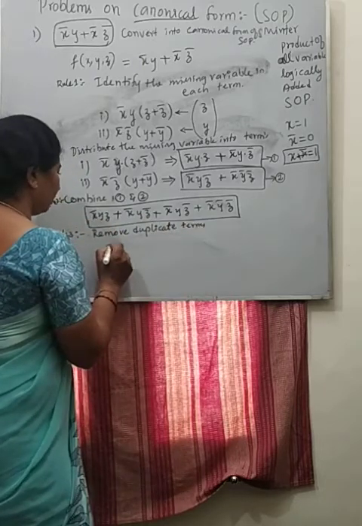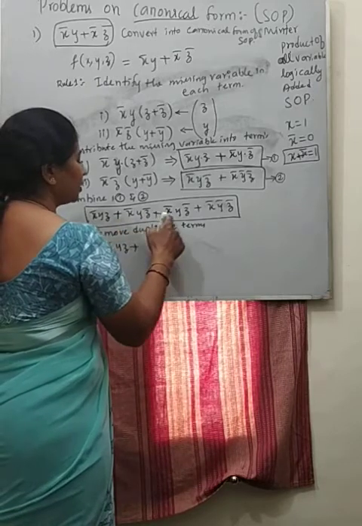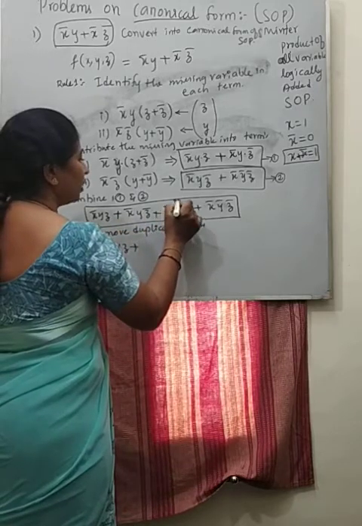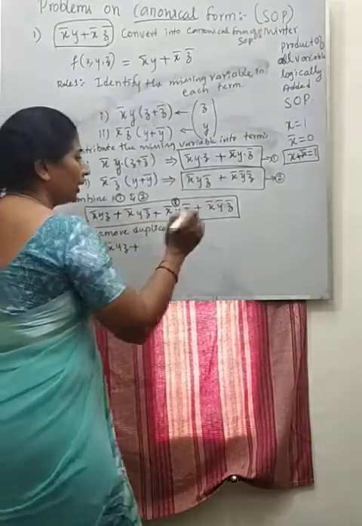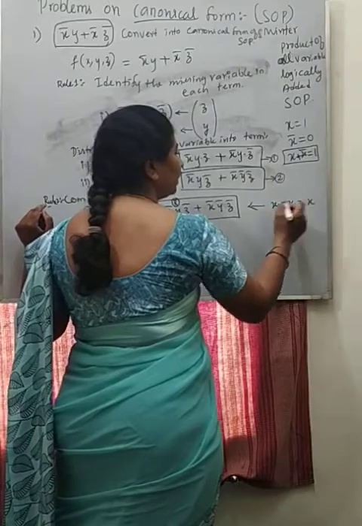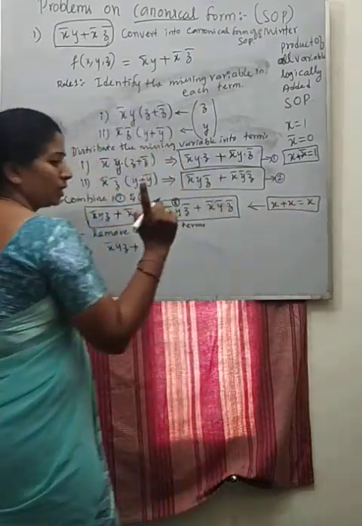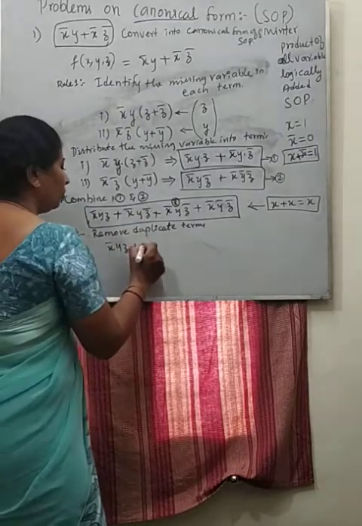No. Then copy down x complement yz. Is there this term again? Yes. These two are there. This is your repeated term. Write down only once, according to your x plus x can be written as x, the idempotence law. Then copy down only once.